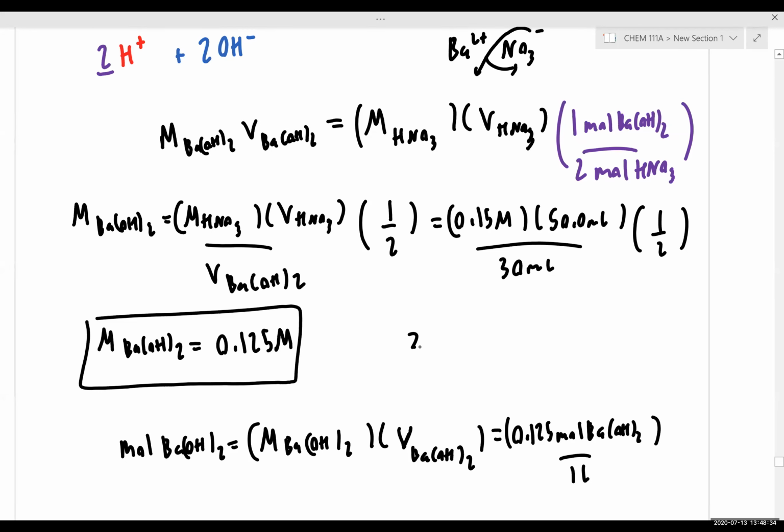And we know that if we have 30 milliliters of our barium hydroxide solution, and we convert that milliliters to liters, that gives us 0.03 liters.